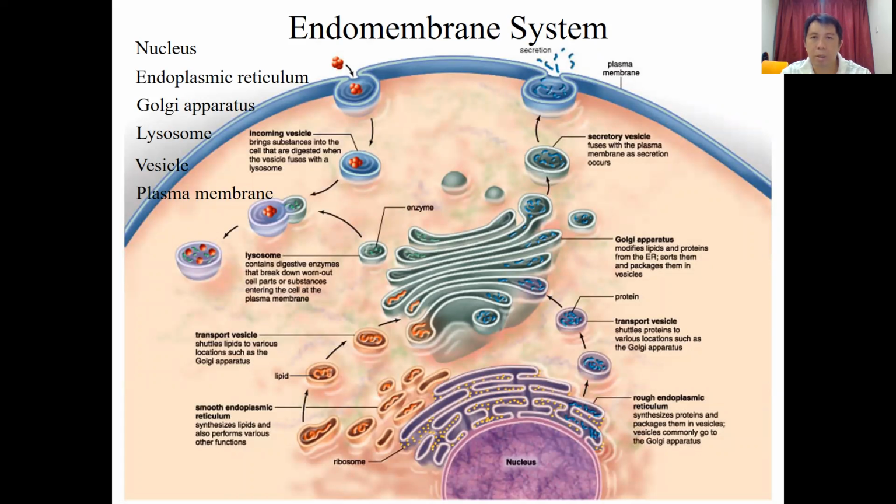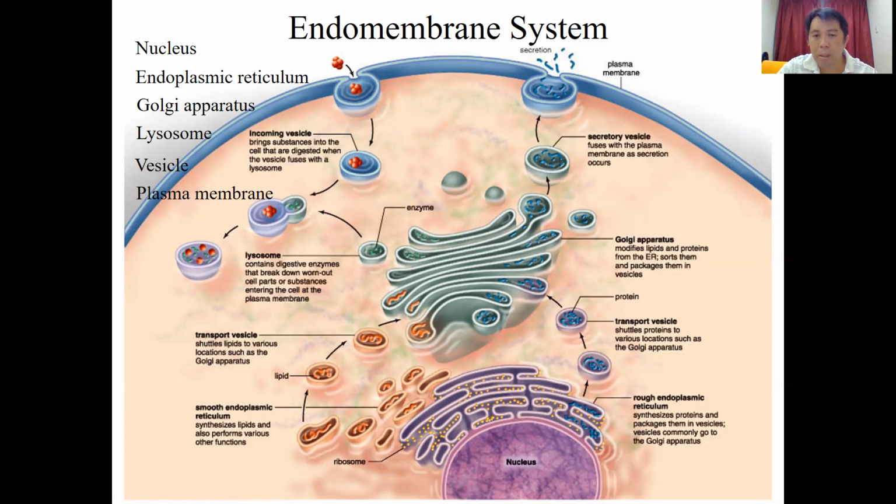Now, we look at this endomembrane system. We start from the nucleus. Some parts of the membrane of the nucleus are connected with the rough endoplasmic reticulum. The membrane, the phospholipid bilayer, is not static, it is dynamic. Still remember what we studied, the fluid mosaic model?